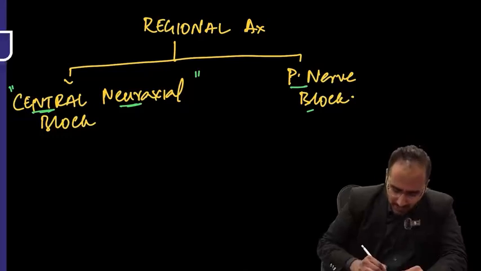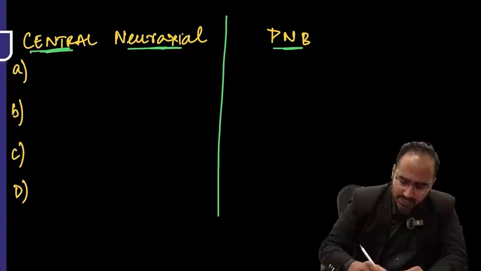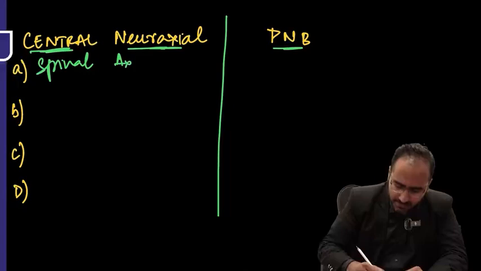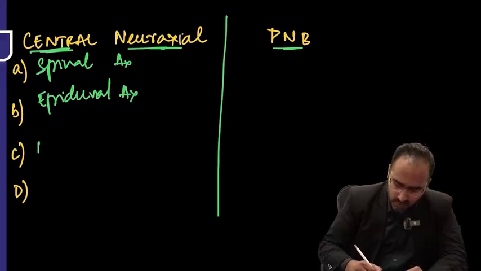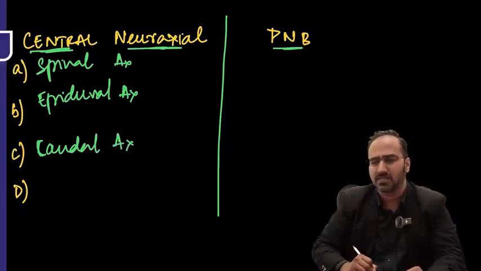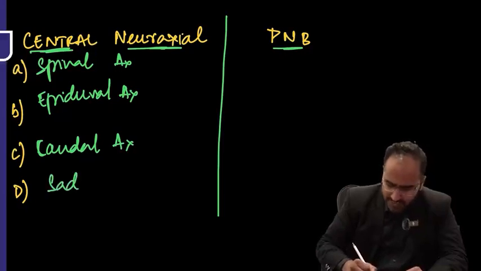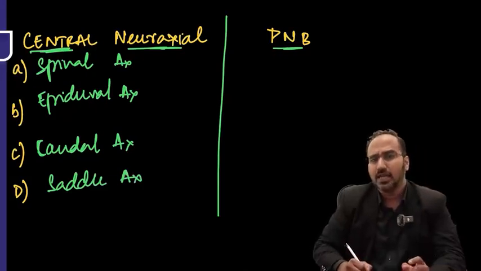Central neuraxial block consists of spinal anesthesia, epidural anesthesia, caudal anesthesia, which is commonly used in pediatric cases in the caudal epidural space, and last, saddle anesthesia.